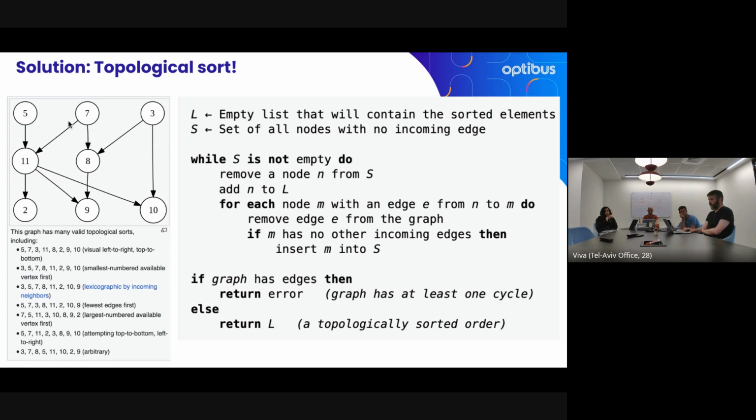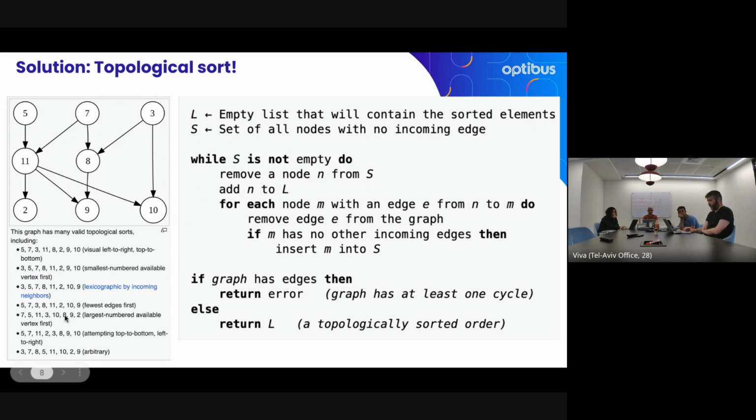In 7, we delete this arrow, and 11 now has no more incoming edges, so we add 11 to our S, the set that we loop on. Now we delete this arrow, but 8 has another arrow, so we don't insert it into S. Because we inserted 11, now we go on 11. We delete this arrow and insert 2 to our S. We delete this arrow, and we don't insert because there's another arrow.